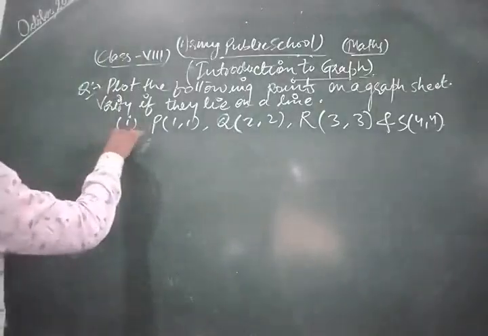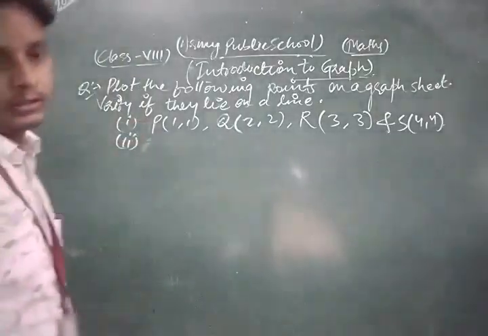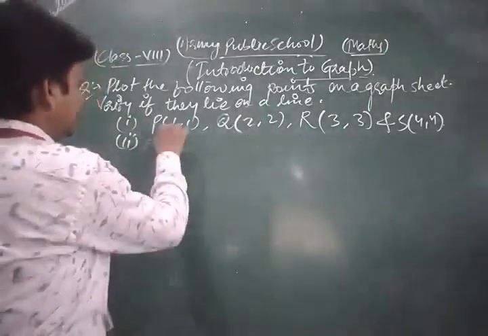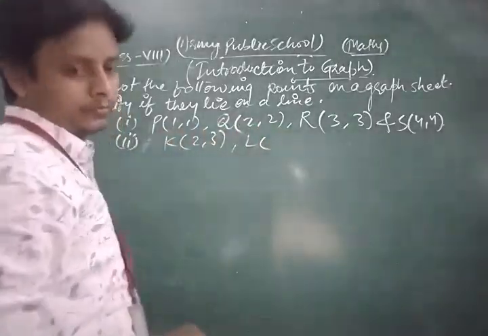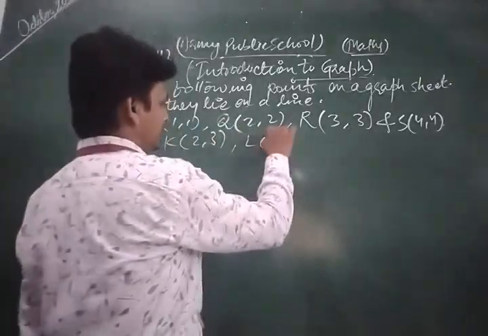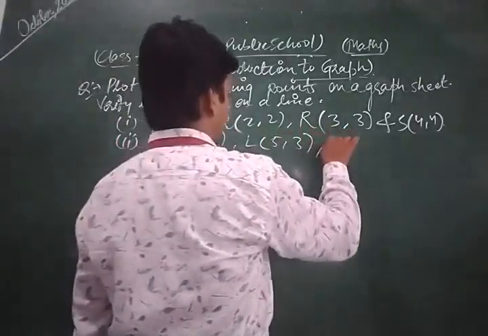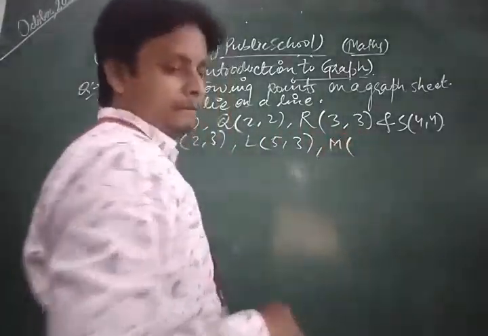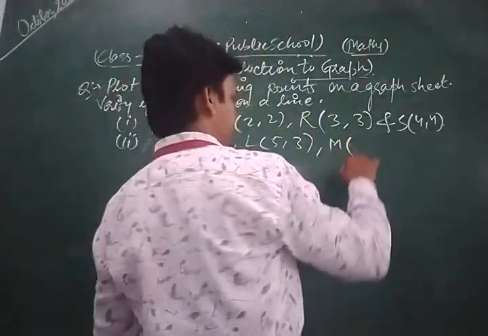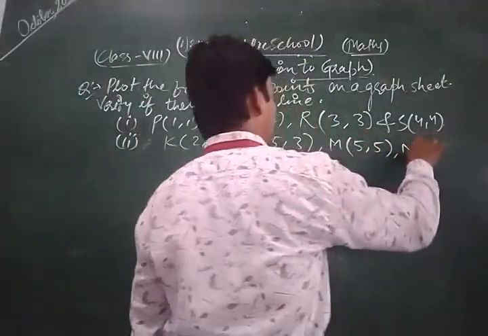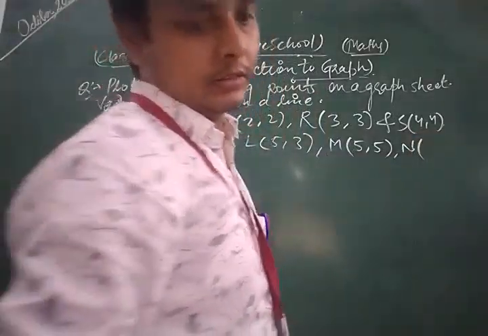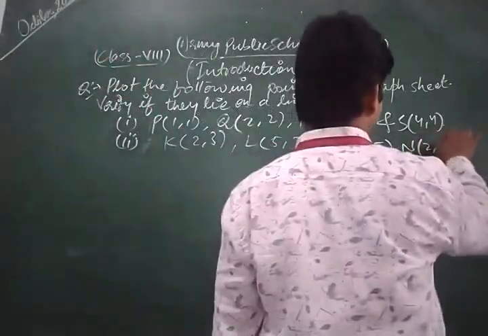The second part of this question is K(2,3), L(5,3), M(5,5) and N(2,5).